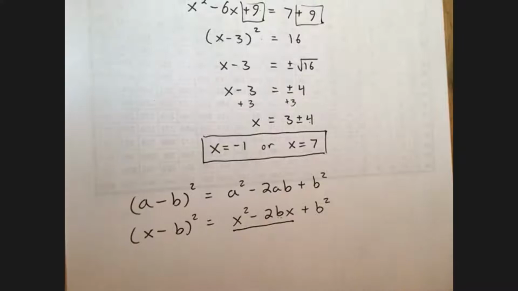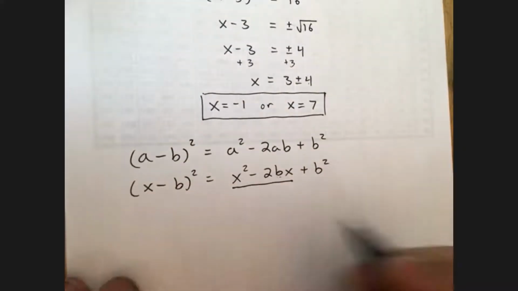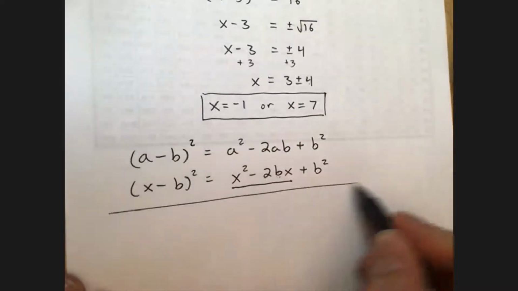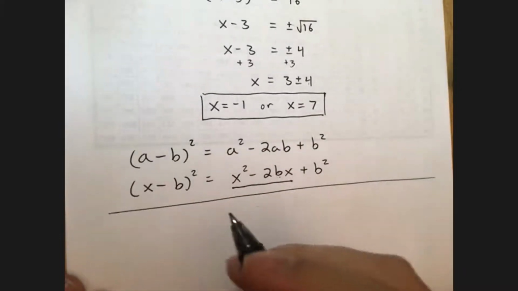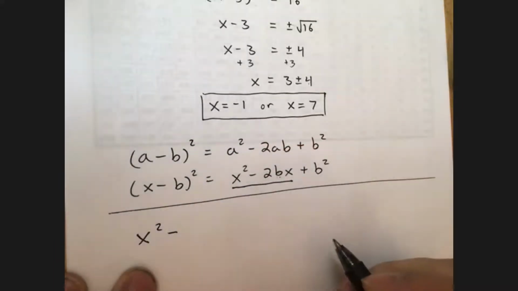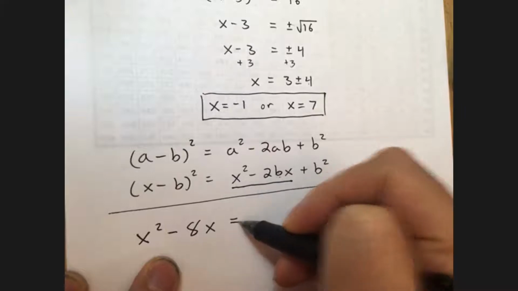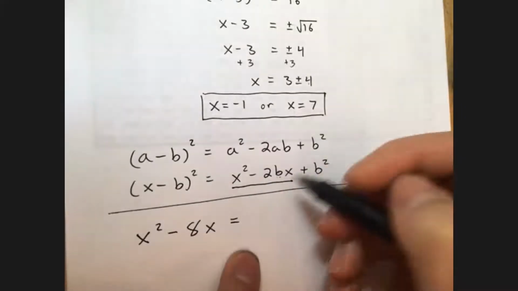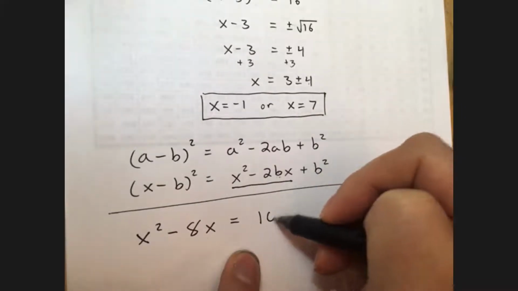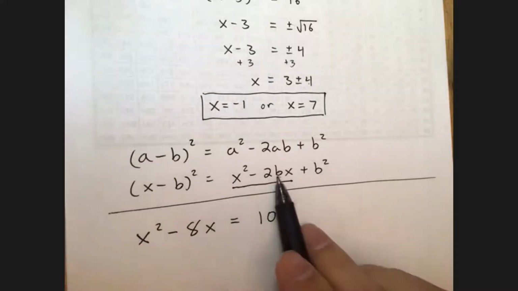So let's do another one. Let's do x squared minus 8x equals, I don't know, it doesn't matter what I put over here, 10. And we'll solve this. So let's match this up to what we see over here.